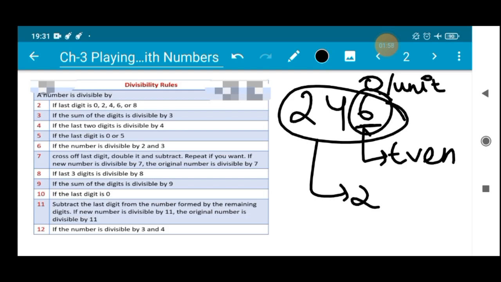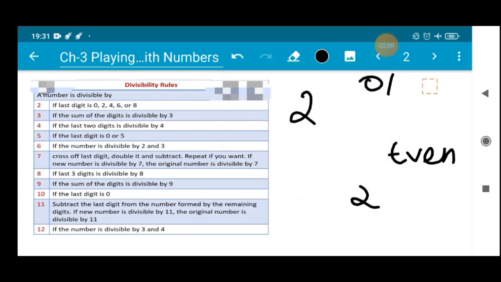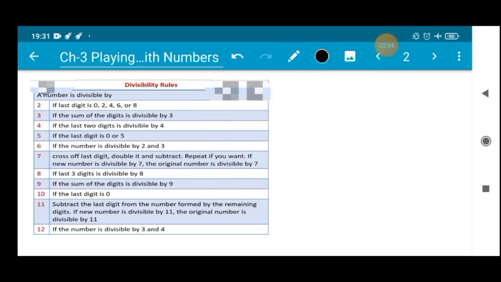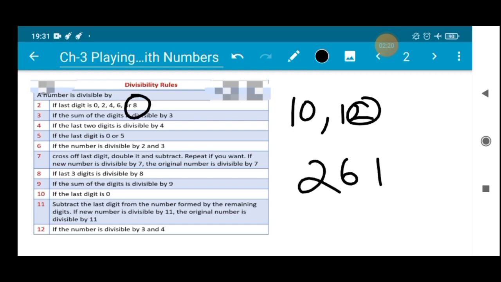Even numbers start from 0, 2, 4, 6 and 8. Not only that, it continues, so you may have 10 also, you may have 12 also. For the single unit digit, it will indicate even or odd number, right? So if you have 261, you have to say whether it is divisible by 2 or not.